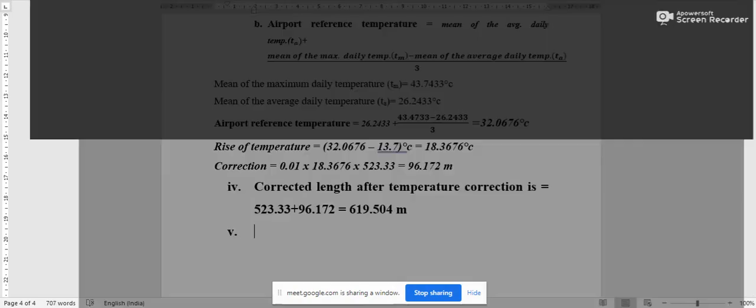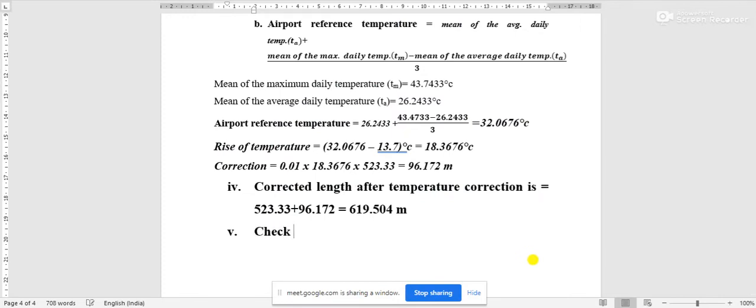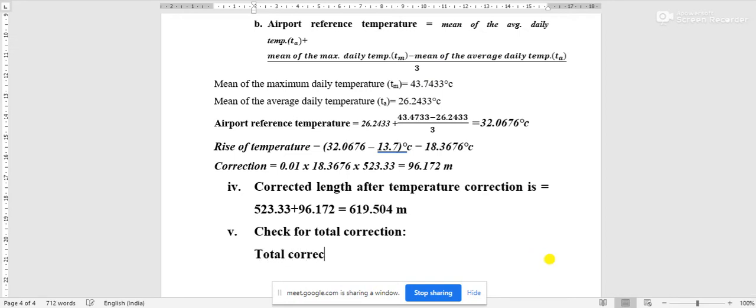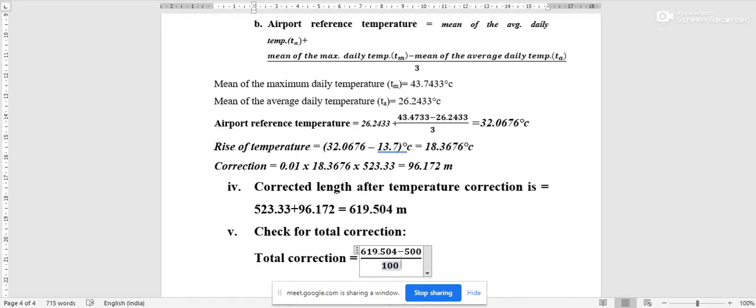Now coming to step number 5, that is to check the total correction, and that is equals to 619.504 minus 500, that is given as basic runway length, divided by 500.